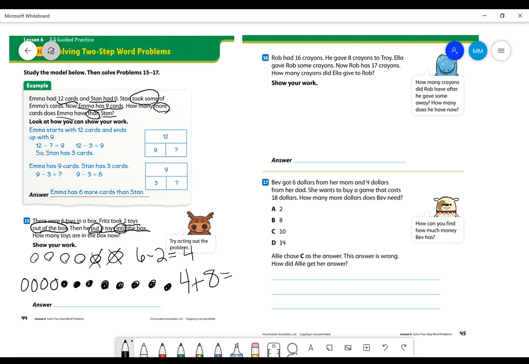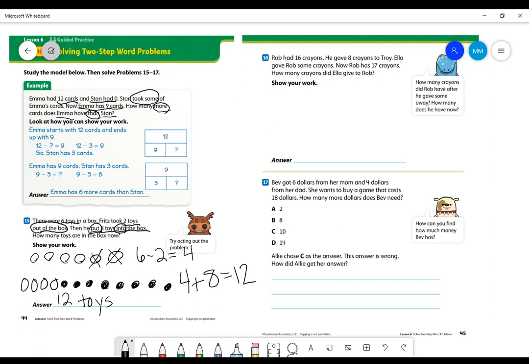How many toys are in the box? 12 toys. All right, so we actually read that story about 4 times, but reading that more than once helped us solve our 2-step problem. Let's move on to 16.